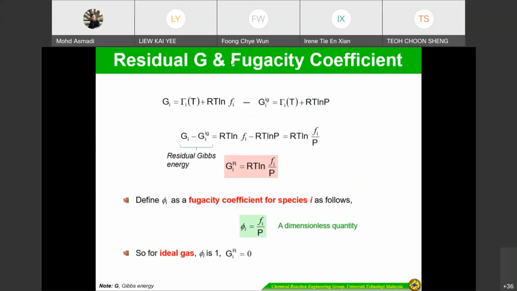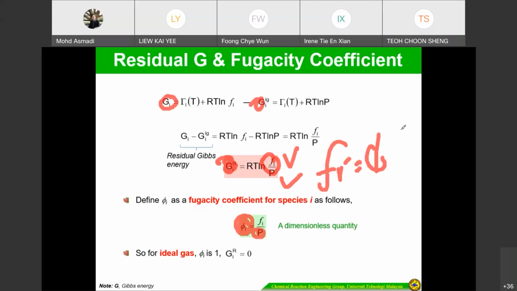If you look here, G_i minus G_i^ig gives the residual Gibbs energy, so we can get this expression involving the fugacity and P. From this, phi_i equals f_i over P, because phi_i is the fugacity coefficient. So in order to determine the fugacity for the pure species, f_i = phi_i P.